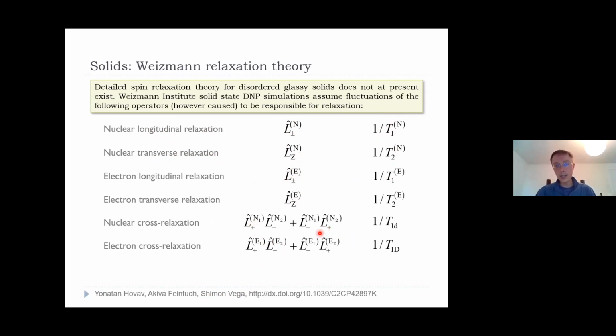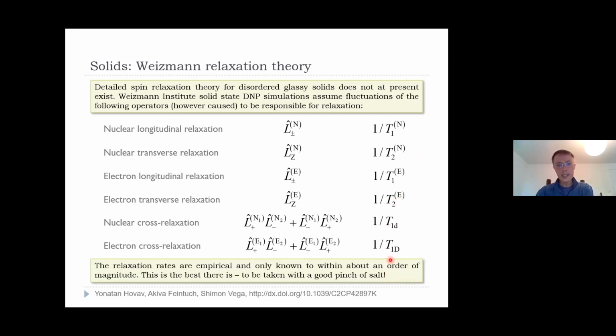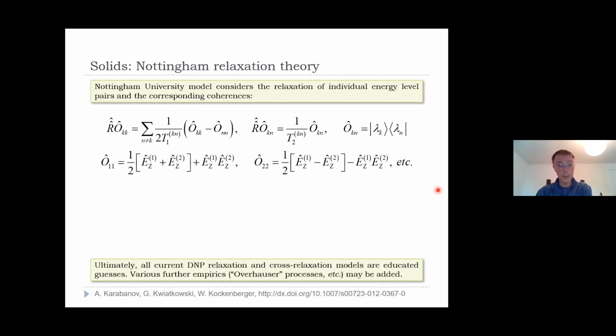And so they created a flip-flop operator and said, okay, that thing, we just assign it to be responsible with some empirical rates. And this is slightly more detailed than just Lindblad. There's a bit of physical insight that goes into it. And then you plonk that into the Lindblad framework, and you get a slightly more physically motivated relaxation superoperator.